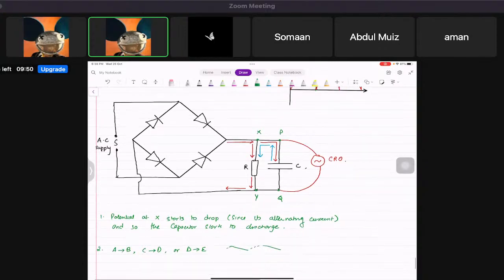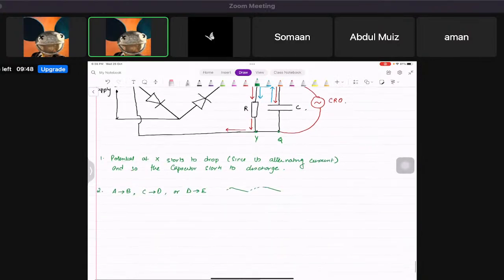So the capacitor is discharging across resistor R with respect to the discharge equation, which is V is equal to V naught e to the minus t over RC, as you guys remember, I hope.